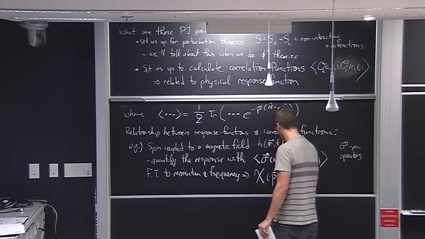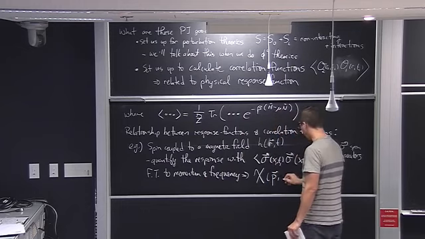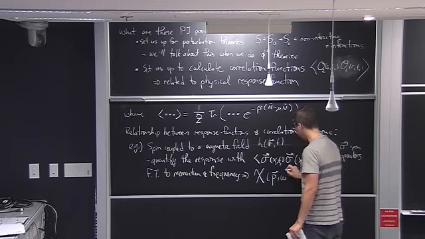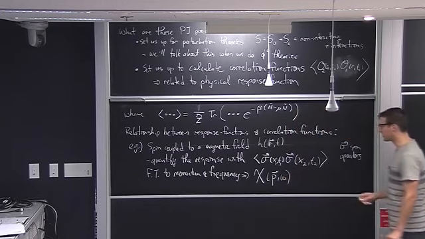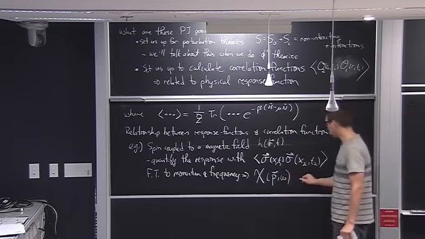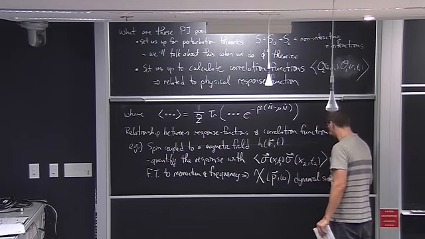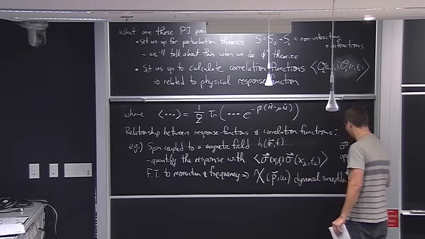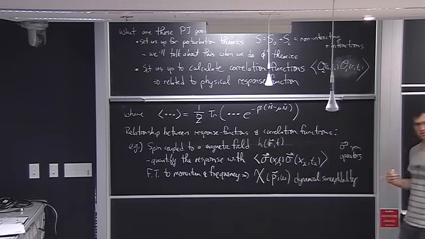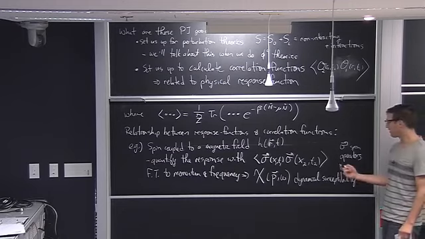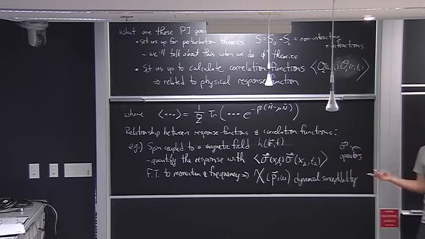I guess P. K would have been better, and frequency, which is just a dynamical susceptibility. So the dynamical susceptibility is a response function, but it's probed with a two-point correlation function.